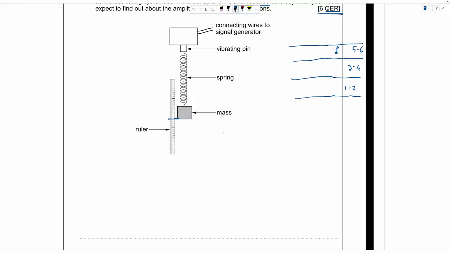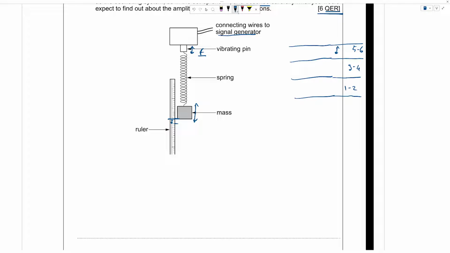We're going to want to adjust our signal generator so that this pin vibrates at some frequency f. The mass will therefore vibrate as well, and we will make a note of the amplitude of the oscillation. Then we'll change the frequency that the vibrating pin is moving at, and we'll measure the amplitude again, and we'll continue to do that for a large range of different frequencies.